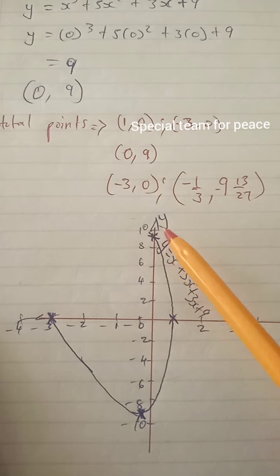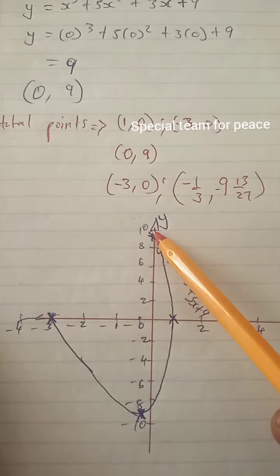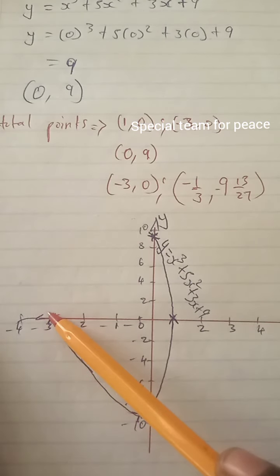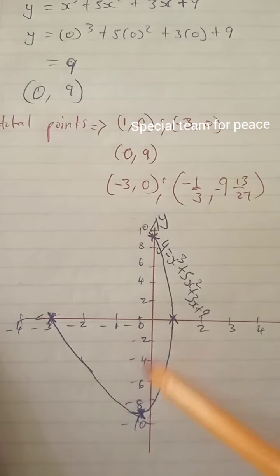So when you are drawing, you join the x-intercept to the y-intercept, the y-intercept to the x-intercept, then to the turning point, then complete with the other x-intercept point to form a sketch of the curve. Then from there, you must indicate the name of that curve to complete your work.